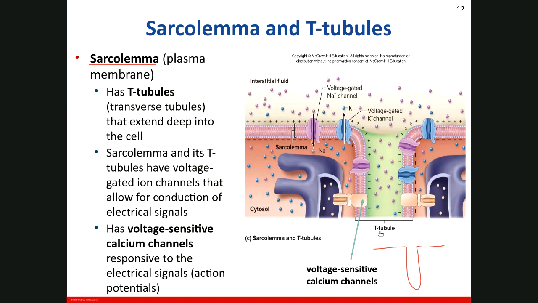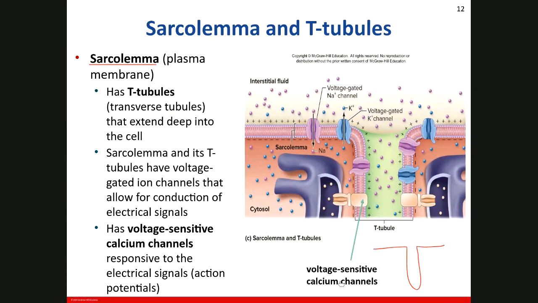In the sarcolemma and in the T-tubule, we have many voltage-gated channels. And these voltage-gated channels, as you see here, can conduct electrical signals. Some of them are voltage-gated sodium channels. Some of them are voltage-gated potassium channels. And inside the T-tubule, we have a specific channel, which we call voltage-sensitive calcium channels, which I will talk about later.